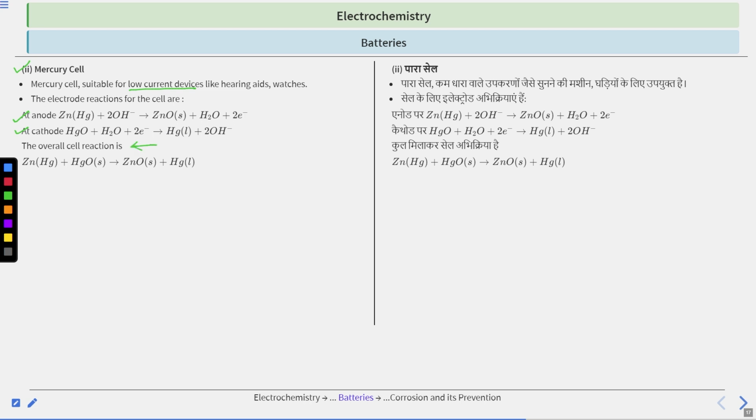The overall reaction will be the combination of these two reactions: Zn(Hg) plus HgO giving ZnO plus Hg in liquid. So this is the overall reaction happening in the mercury cell, and these are the reactions at anode and cathode respectively.